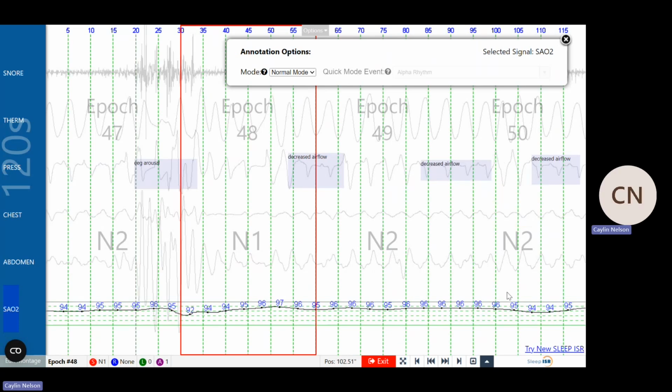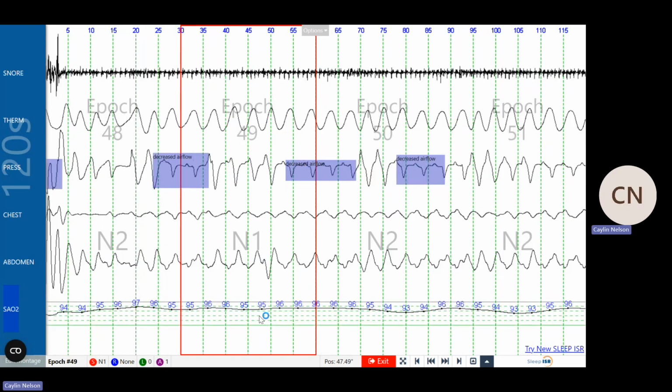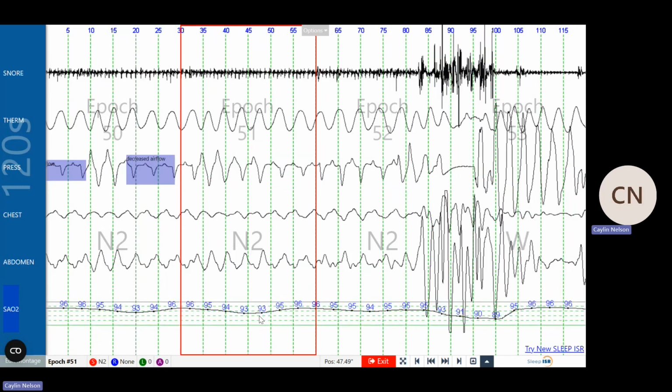So what we're going to be doing is looking at the oxygen levels that followed the moments of decreased airflow to see if those qualify as a hypopnea according to AASM guidelines. And if you ever forget, AASM is the American Academy of Sleep Medicine, which most sleep labs are going to follow when it comes to guidelines of staging, scoring, and setups.